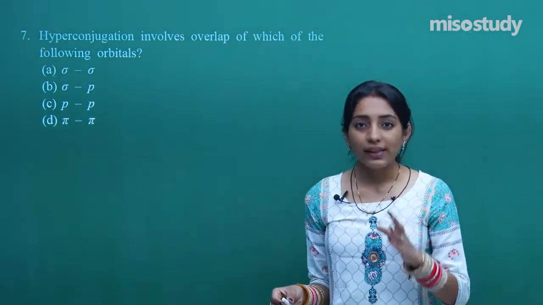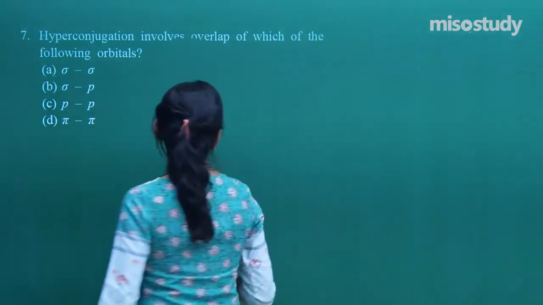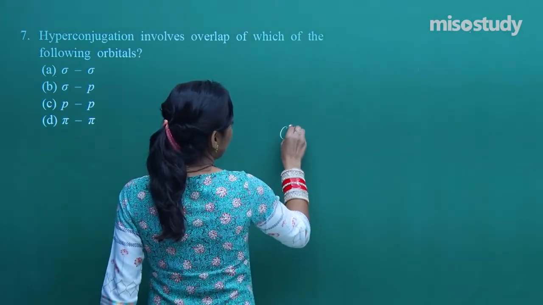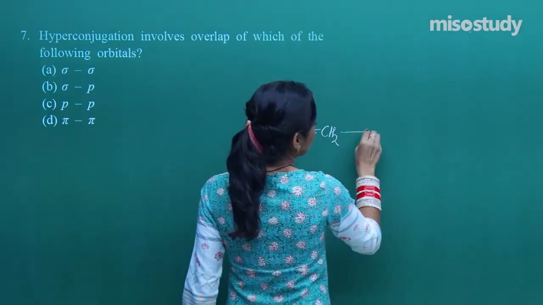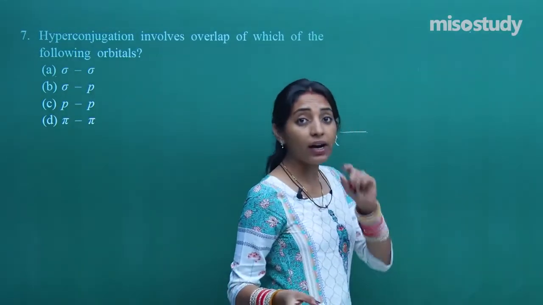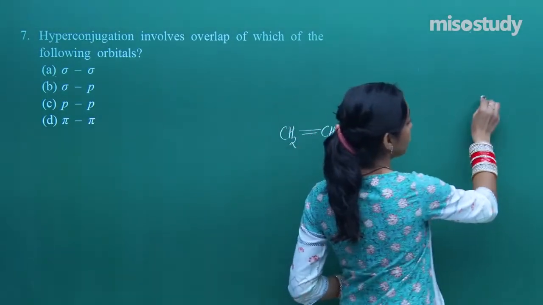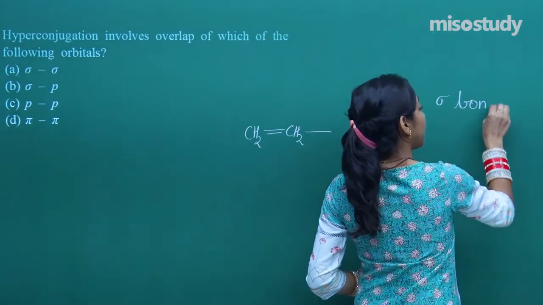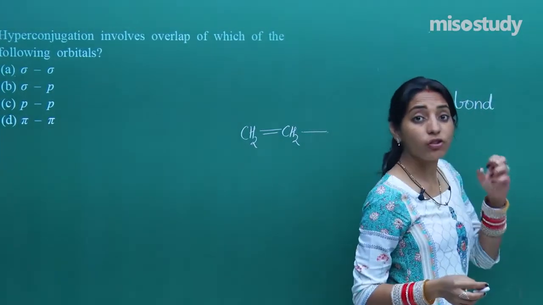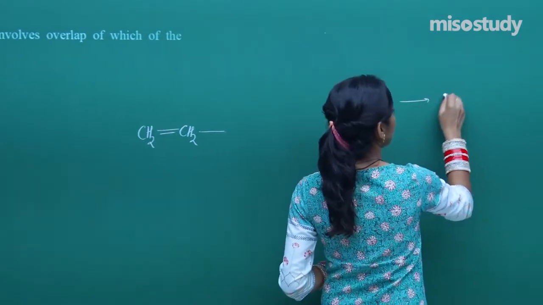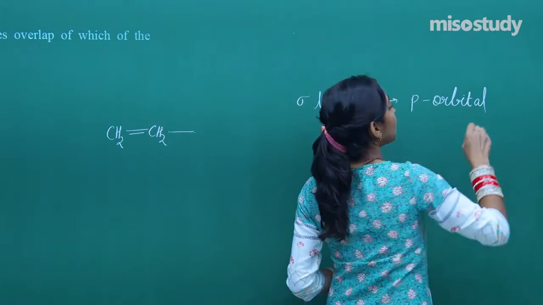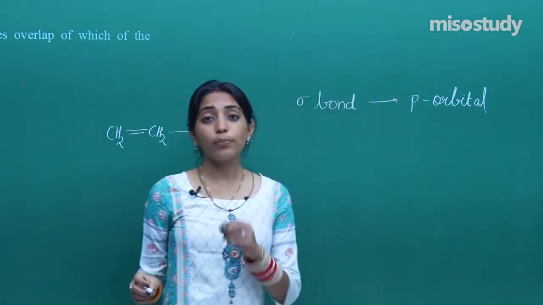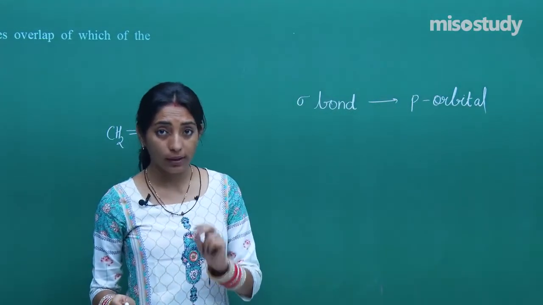By the way, in the case of hyperconjugation, we will have a sigma bond, and that sigma bond will transfer its electrons to the p orbital, and this is what is involved in the concept of hyperconjugation.